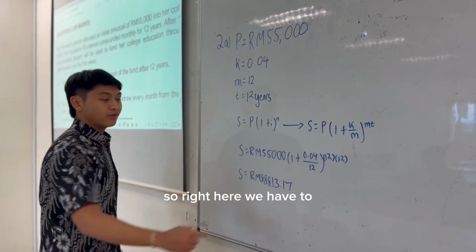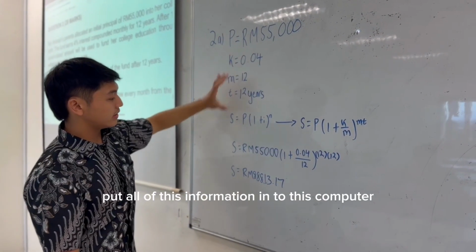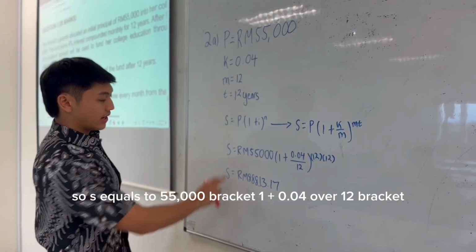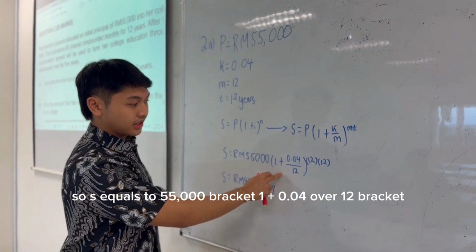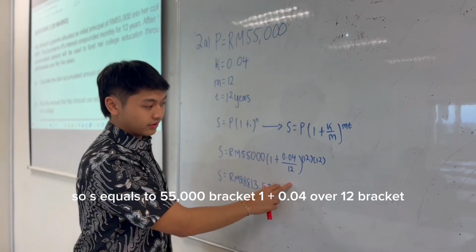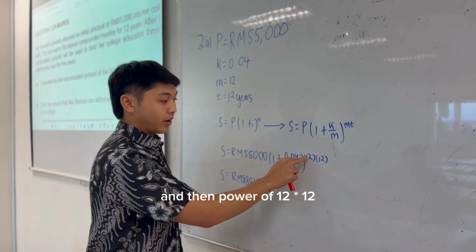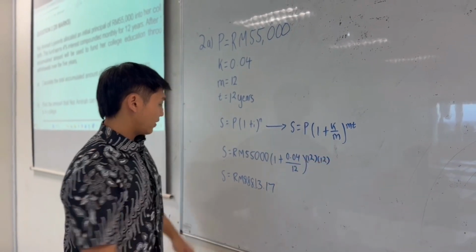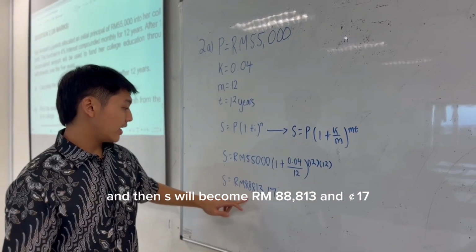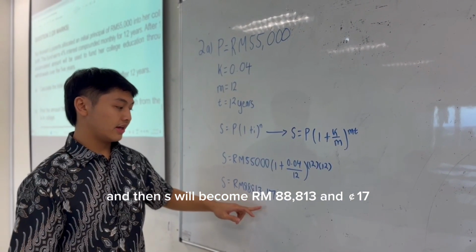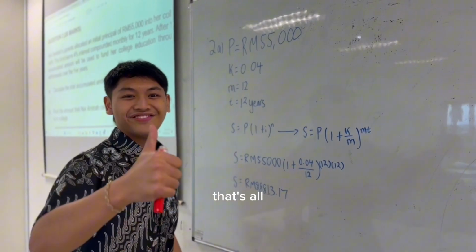So right here we put all of this information into this formula. S equals 55,000(1 + 0.04/12)^(12 × 12). And then S will become RM88,813.17. That's all.